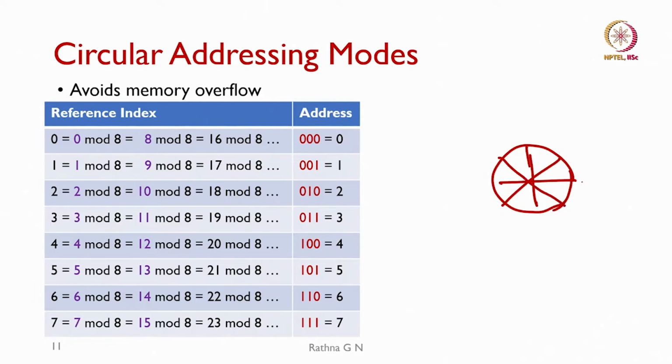So, this is 0 and then this is 1, 2, 3, 4, 5, 6 and 7. These are the values I need to store, and when the 8th sample comes, we are taking 8 mod 8, which is going to be 0. So, the 8th sample, whichever is coming in real time, overwrites the 0th location.